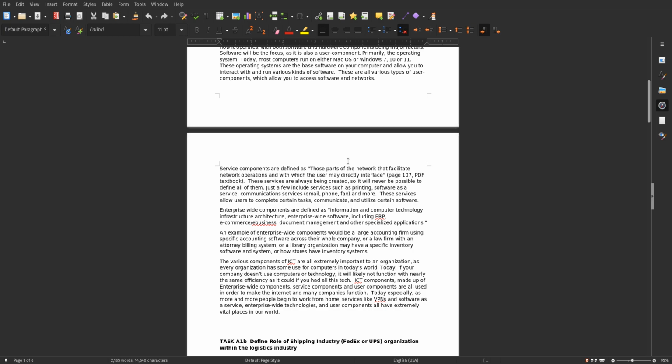Primarily the operating system. Today, most computers run on Mac OS or Windows 7, 10, or 11, with a very small percentage of users using Linux, like myself. Today we'll be talking a little bit more about Mac, Windows, and all that. These all have various types of user components which allow you to access software and networks.